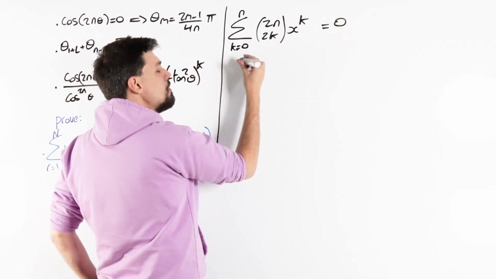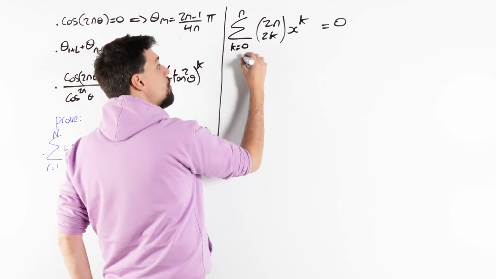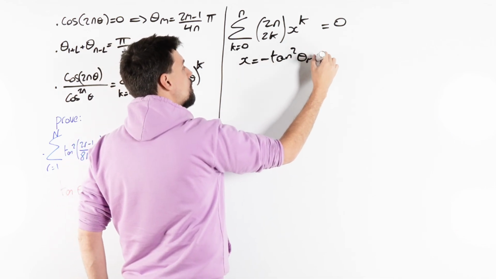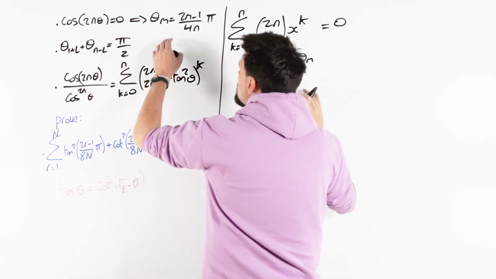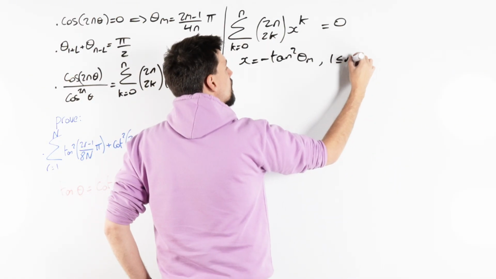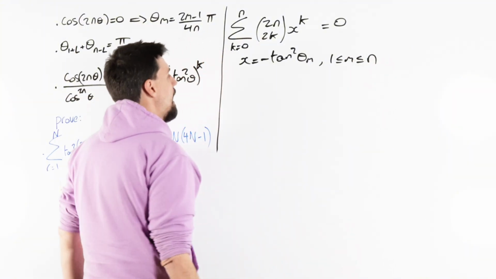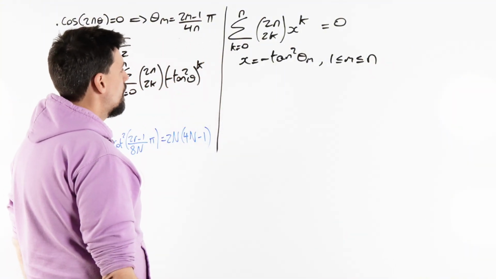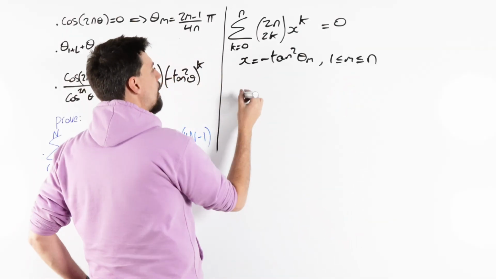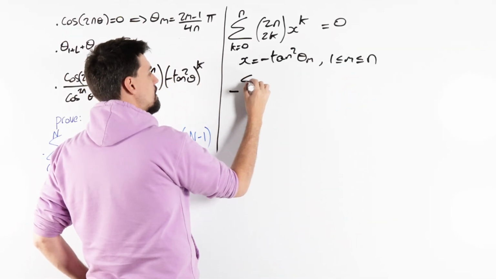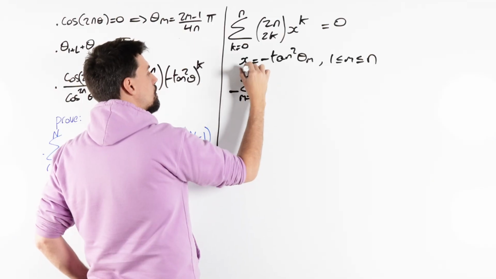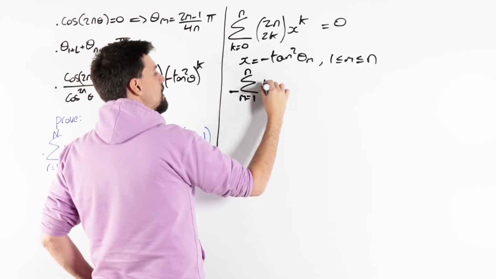Now we know that this has solutions of this form, where θ_m looks like this. How many do we have? We have m between 1 and n. Now we want the sum of a bunch of tan squared, so how about we investigate the sum of these roots?